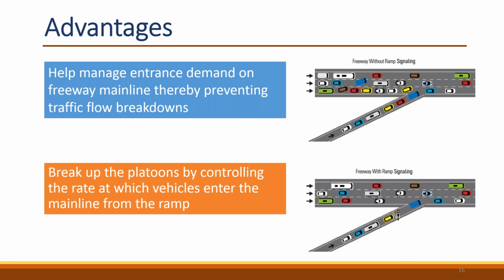As part of an ongoing research project that I'll talk about in a few minutes, we are evaluating the safety and operational benefit of RAM meters, and we are using buffer index as one of the performance measures to measure the mobility performance of RAM meters. And we have seen significant improvement.